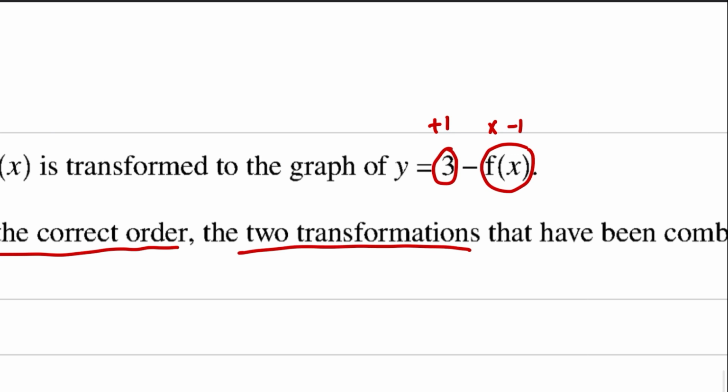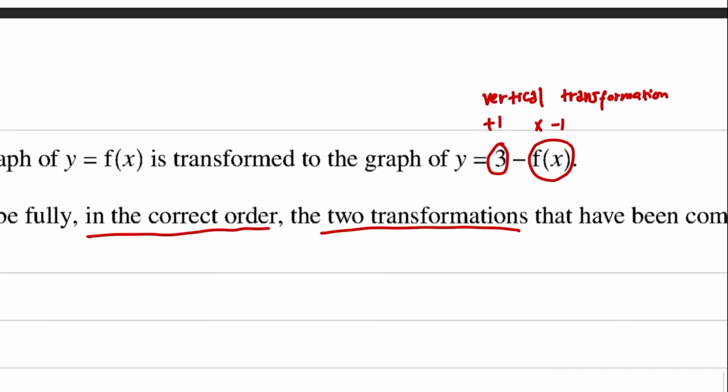Both of them are vertical transformation. This is the vertical transformation where we do reflection in the x-axis. This is vertical translation where we move the graph up by 3 units.